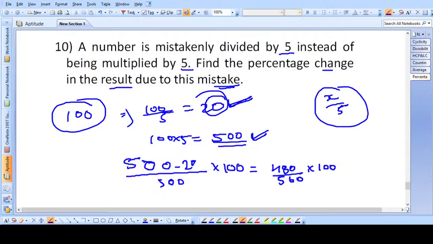This is 100. So this is something like 96%. So the mistake is 96%. Like something you have to write as 500, you wrote as 20. That is 96% error.